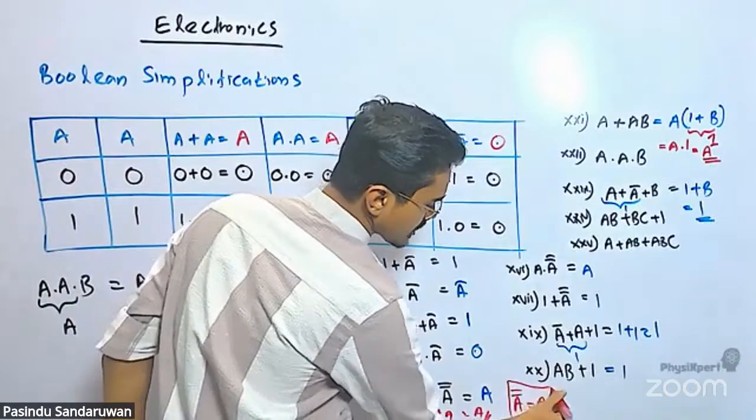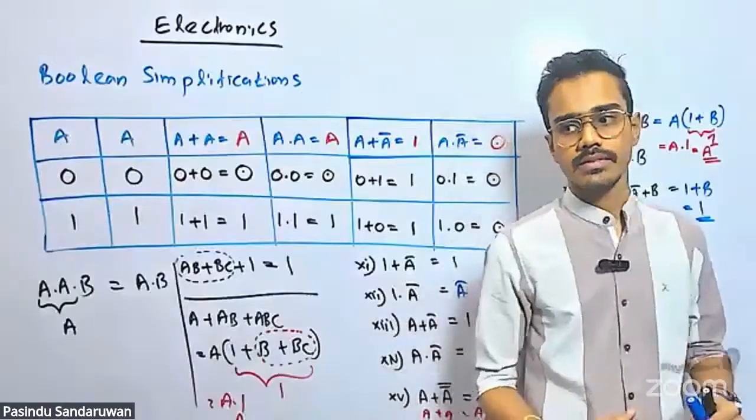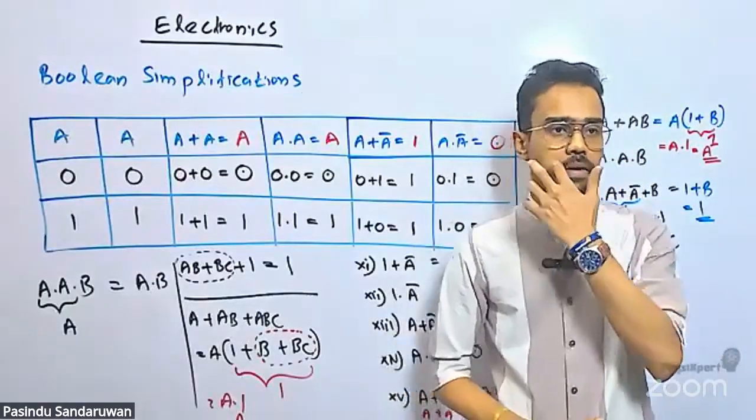A double bar means it is again coming to the original value. But apply 1 and 0 and check it out.